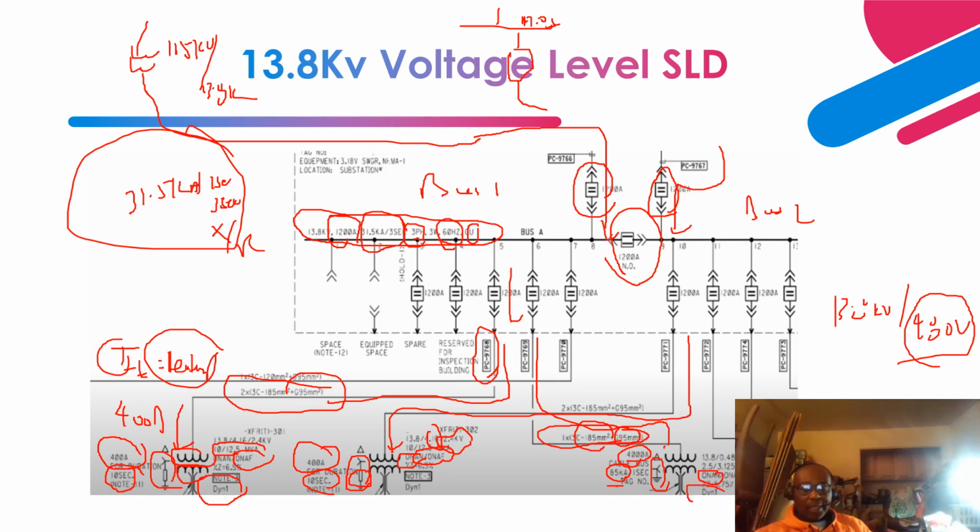And this is the vector configuration, Dyn1. That shows that the high voltage side is wound in delta. As you can see over here, the low voltage side is wound in a Y, solidly grounded. And the 1 means that the high voltage side is leading the low voltage side by 30 degrees based on the clock system.